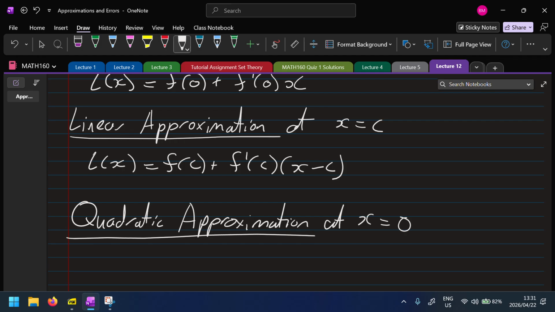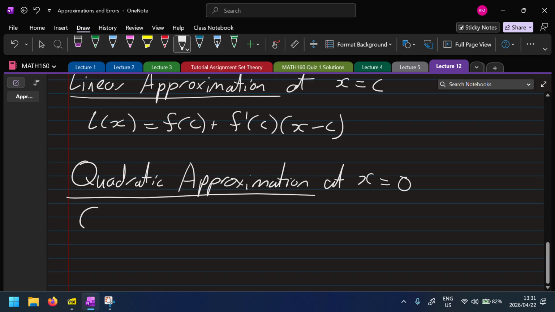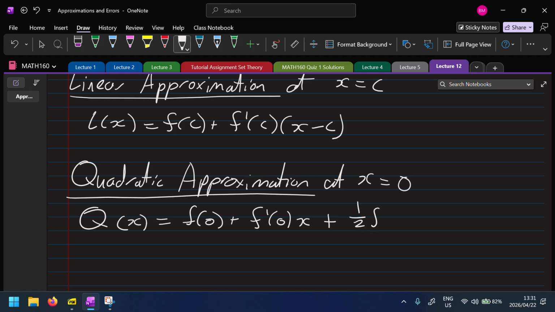If we're interested in any other points, we just shift over. So for the quadratic, we just call it q for quadratic. So this will be f at 0 plus f prime at 0 times x. And now we include the quadratic term. So that will be 1/2 f double prime at 0 x squared.